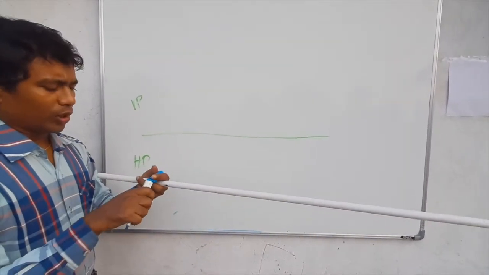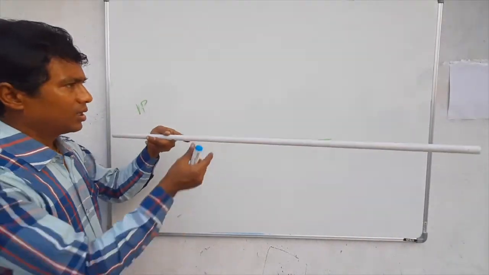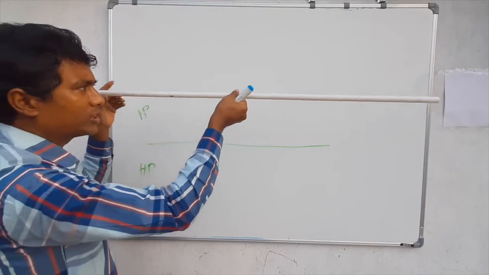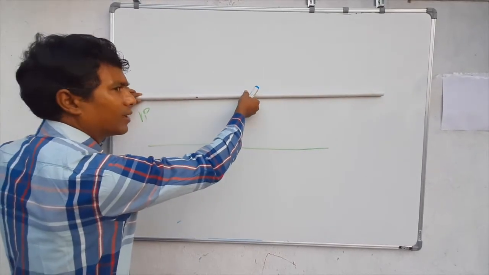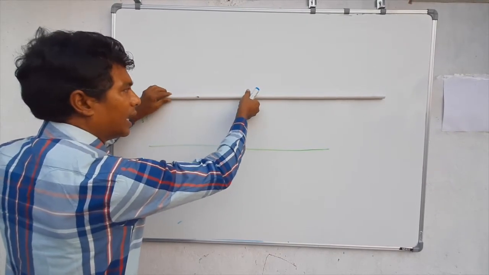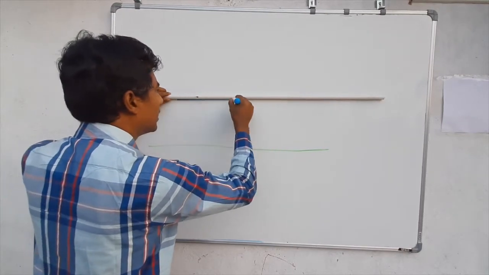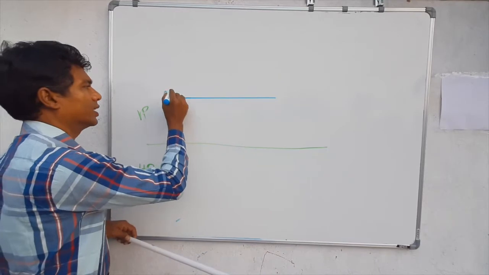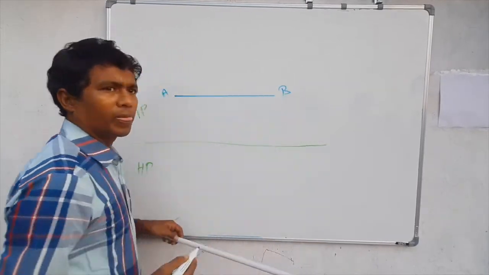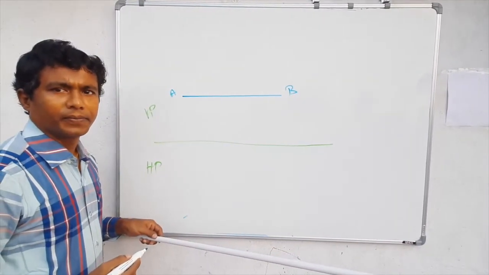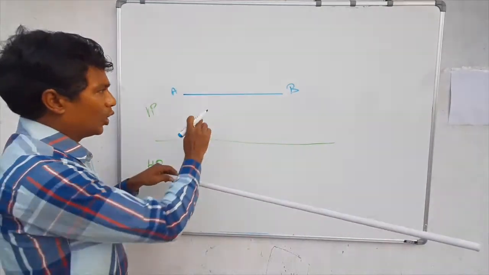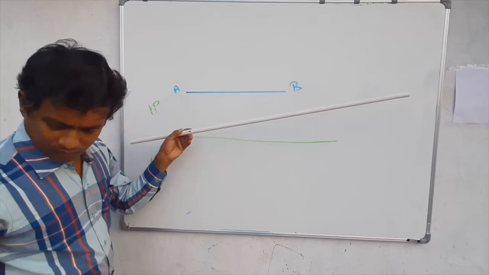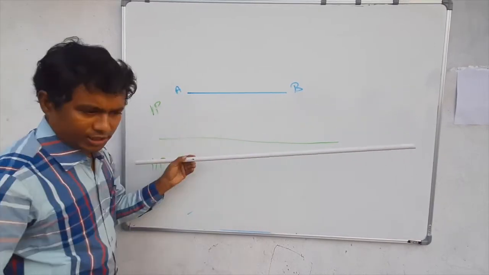Now when you are getting the shadow like this here, you will notice that the straight line looks like this, A, B. What is the distance?